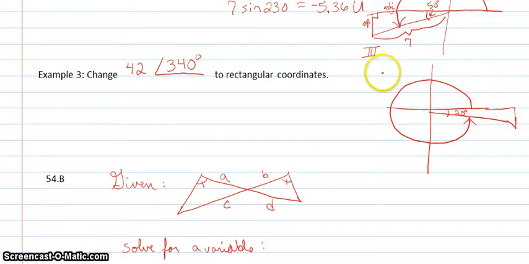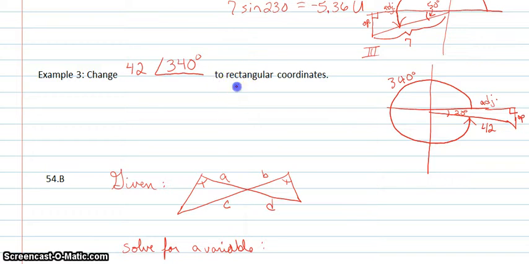And this all the way around here is our 340 degrees. So this would be the opposite, this is adjacent, and this is the hypotenuse, the 42 is.